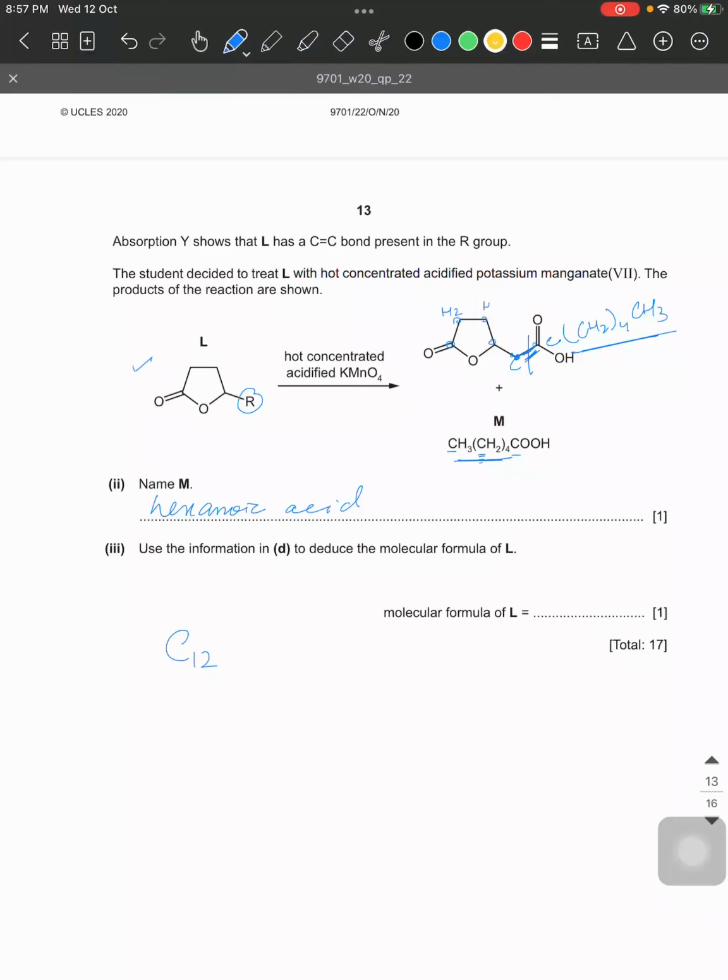Definitely 2 over here, 2 over here, 1 over here, and 2. Over here we should have 2, and it should have 1 over here because there will be a carbon-carbon double bond. How many do you have here? 3, 4 twos are 8, 8 and 1 is 9.